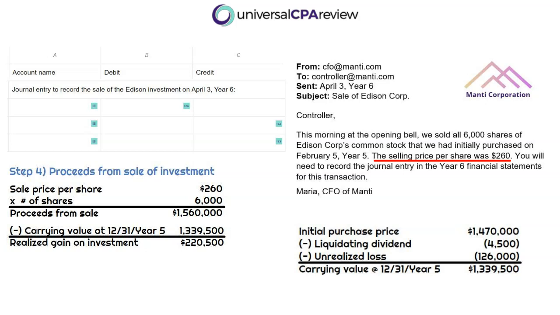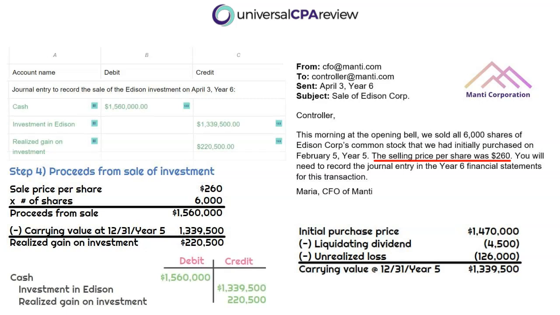But what's the journal entry? Well, fortunately, the journal entry is not too difficult. We're selling the stock. We received cash proceeds of $1,560,000. We need to remove the asset on our balance sheet, right, from December 31st, year 5, which would have been that $1,339,500.